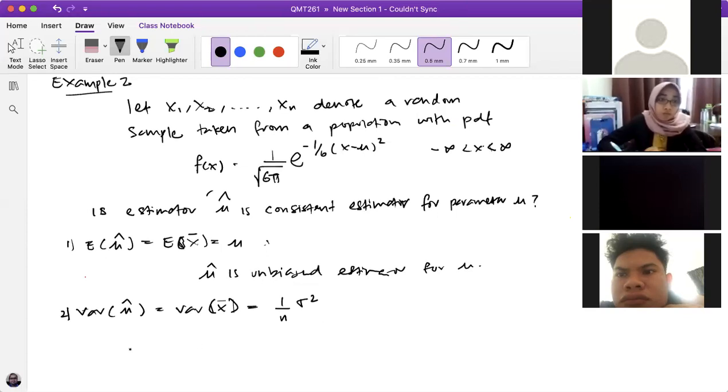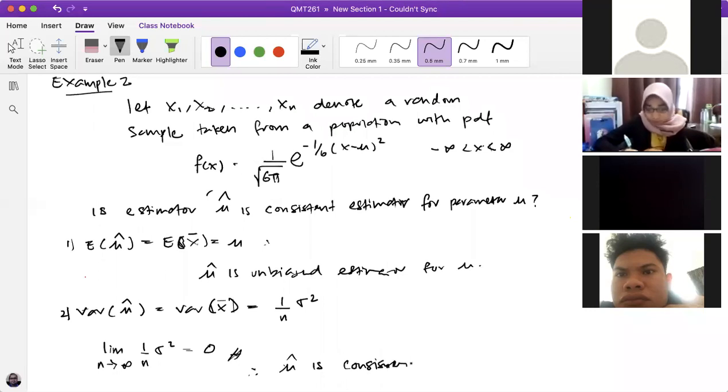So the limit as n approaches infinity of 1 over n sigma squared is equal to 0. So we can say that mu hat is a consistent estimator for mu. I think that's all for this topic.